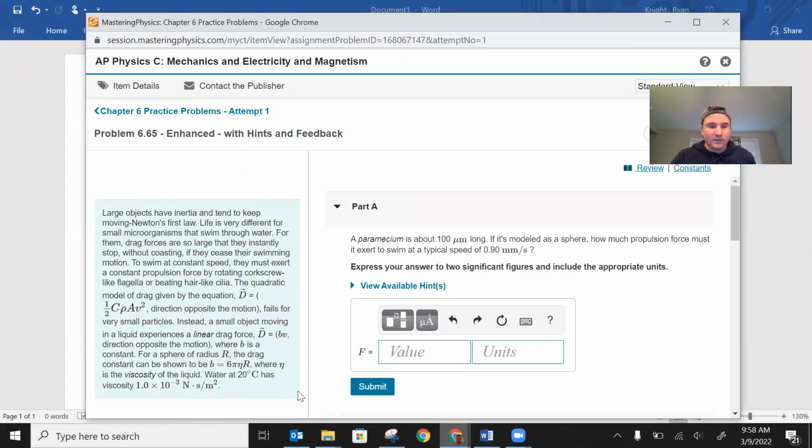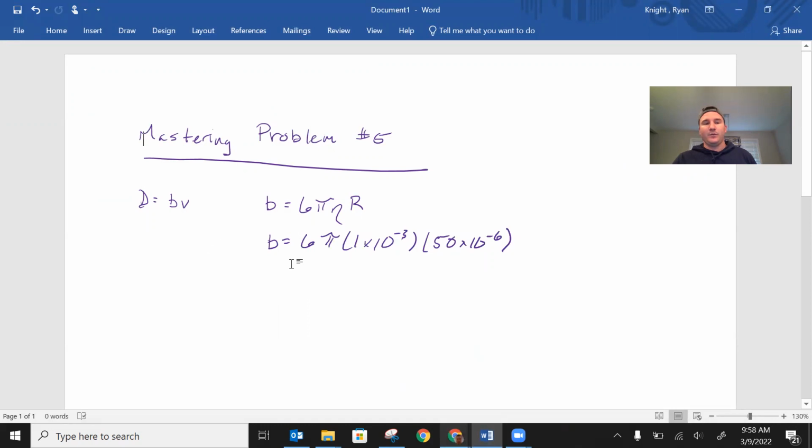Did I get that right? 1 times 10 to the negative third, yeah, times 10 to the negative sixth. All right, so there's that. We multiply that out. I can do it real quick. Hold on: 6 pi, 1 times 10 to the negative third, 50 times 10 to the negative sixth.